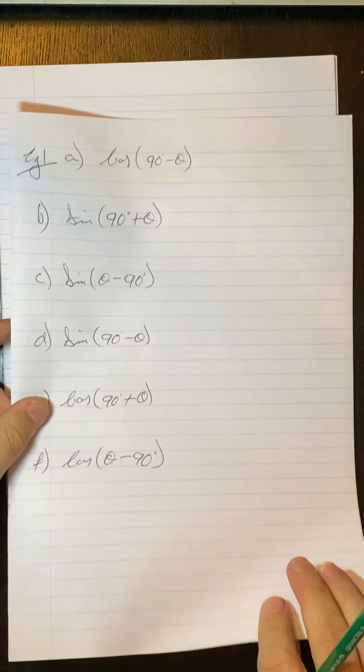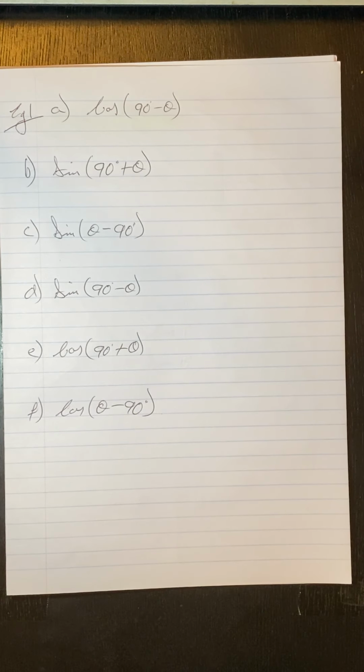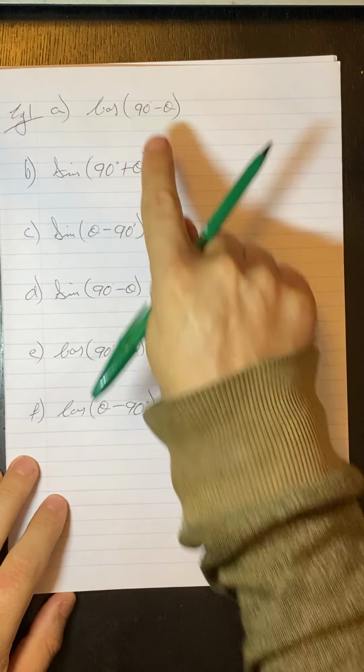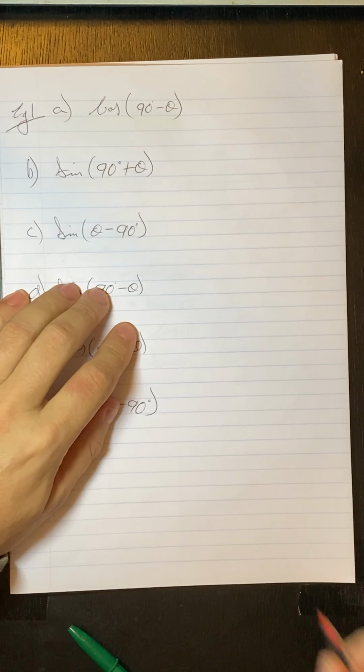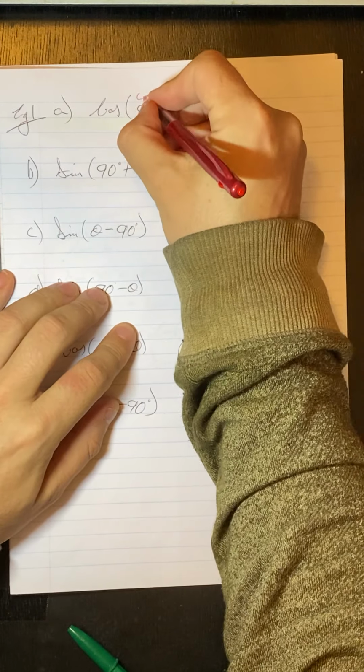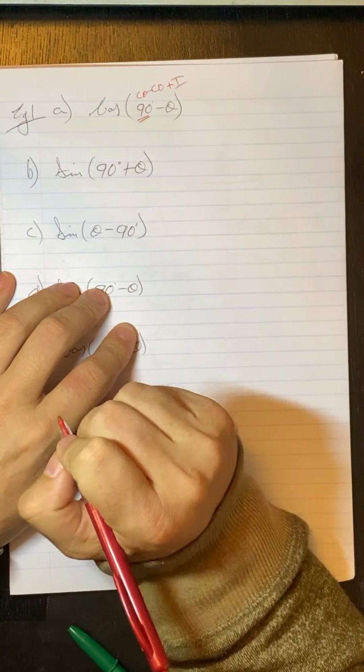Let's have a look at example 1. Example 1 is just saying write each of the following as a function value of theta only. So it just means to get rid of these 90s. First of all, 90 is coco, 90 minus is first quadrant.